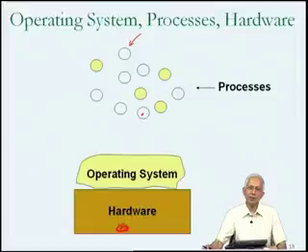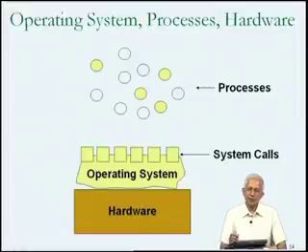The way the operating system is structured is that there's a collection of things called system calls, which are what the processes are going to call in order to get the functionality required as far as the shared hardware resources are concerned. Therefore, the process which wanted to do something to a file would call the appropriate system call, and through that it would actually be able to access the file or do whatever it wanted to do. So the system calls are an important aspect of the operating system.